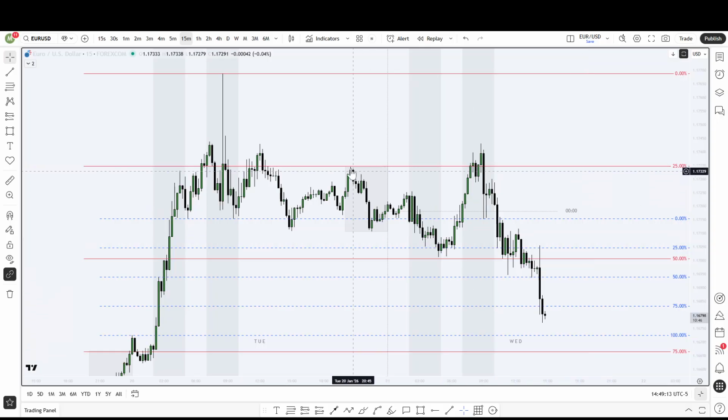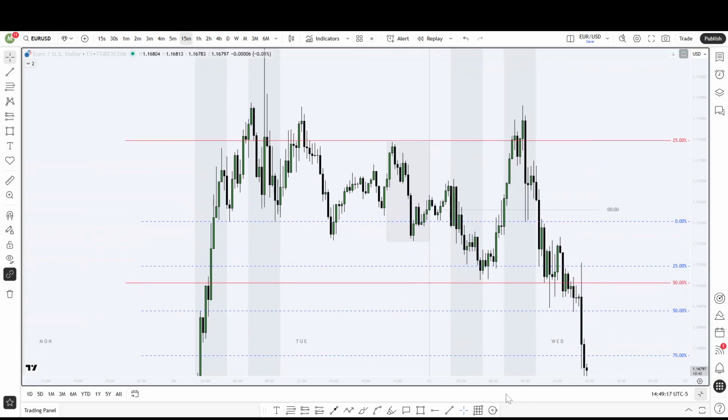So London made a move lower, creating a dealing range on its own. So you see what London did. You can see the midpoint versus the fair value gap, and the midpoint got respected.